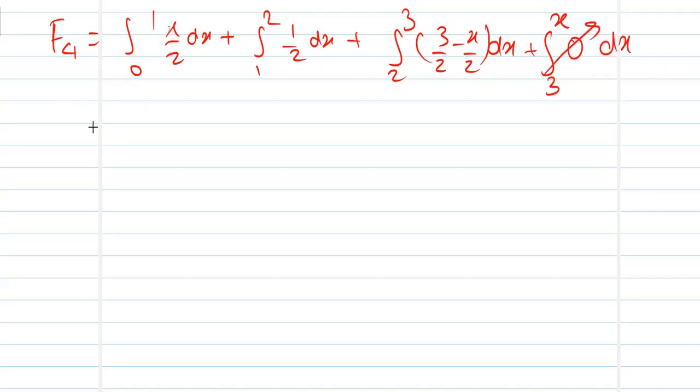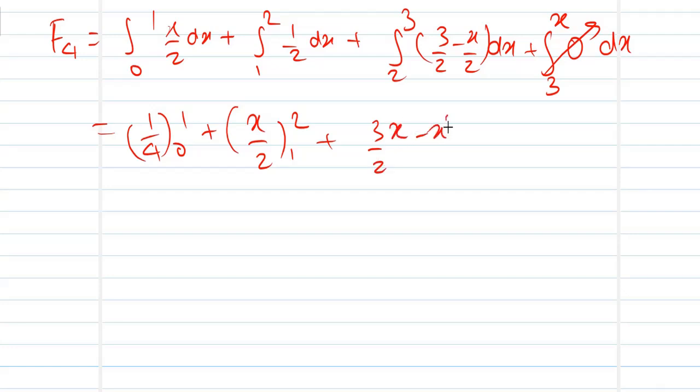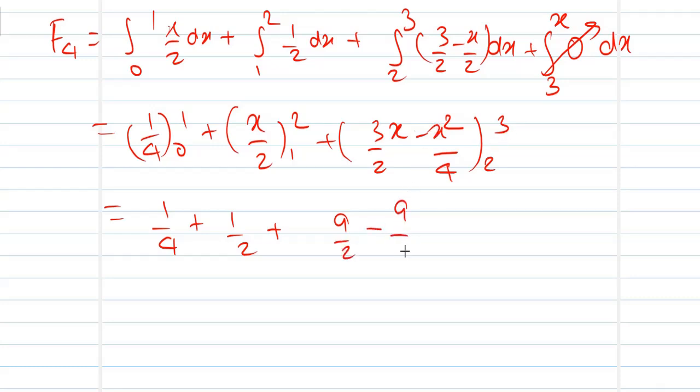So this moves off, and so you have x square by 4 between 0 to 1, x by 2 between 1 to 2, 3 by 2 times of x minus x square by 2, 2 2s are 4, between 2 to 3. So now it is 1 by 4 plus 2 minus 1 is 1 by 2, 3 3s are 9 by 2 minus this is going to be 3 square is 9 by 4.